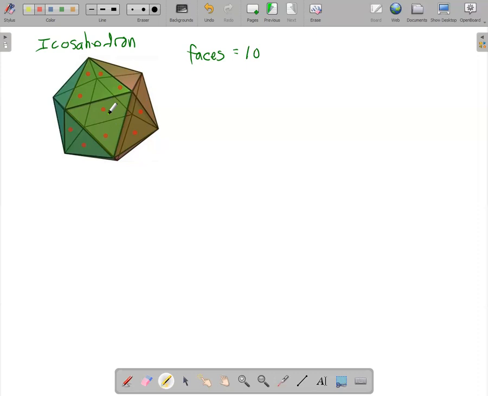So think about that for a minute. I'm pretty sure there are 10 faces in the back of this thing that I can't directly see, but I can see through to. So I think there's another 10 for a total of 20 faces. And it should have 20 faces because that's what the icosa stands for. 20 faces.